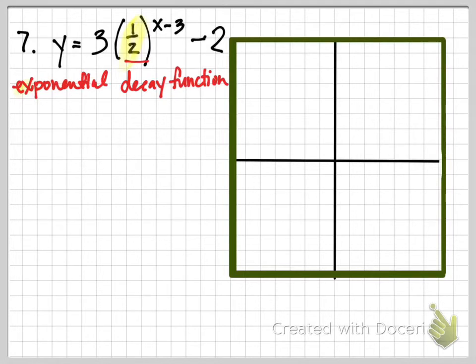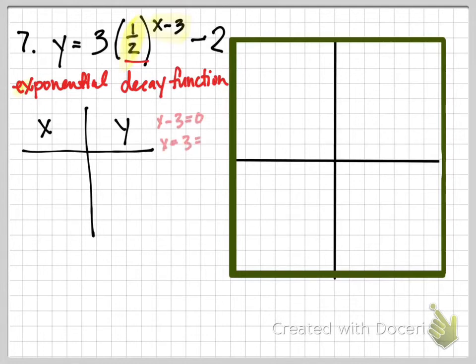If I were to graph this, I'm going to pick 2 x values. So basically I need 2 x values that are going to make this x minus 3 equal 0 and x minus 3 equal a negative 1.